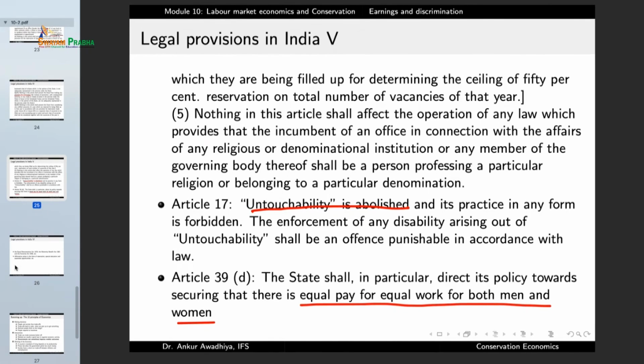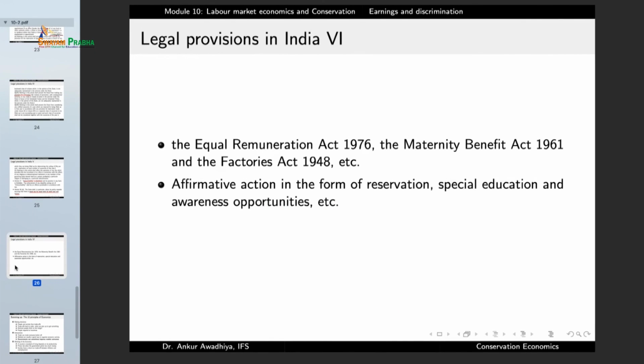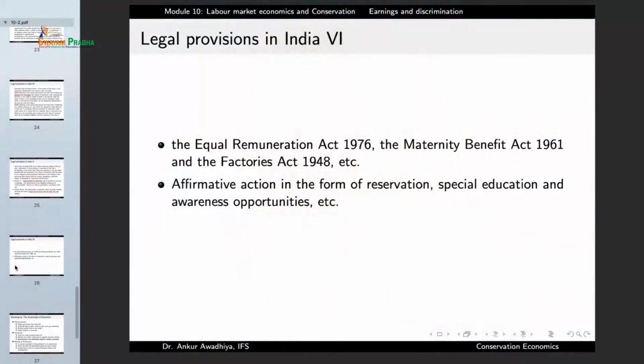So, what we are observing here is that in our country, legally, because of the Constitution, we have had several provisions that are aiming to remove or reduce discrimination. So, discrimination by the state is completely removed, and in certain cases, the societies that were discriminated against historically, they have been provided a larger opportunity by means of reservations.